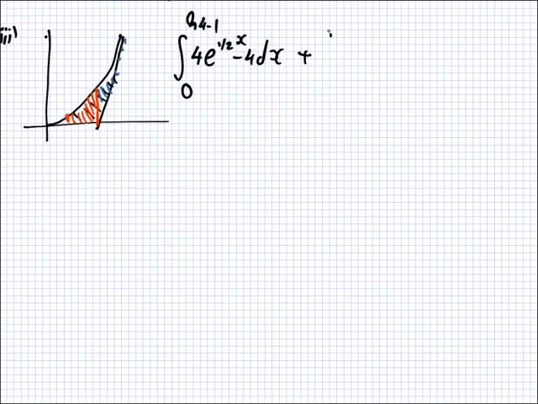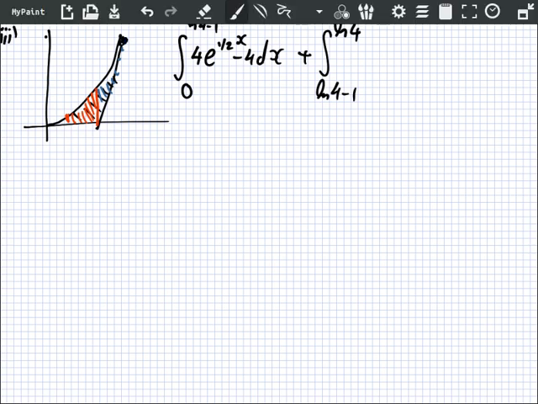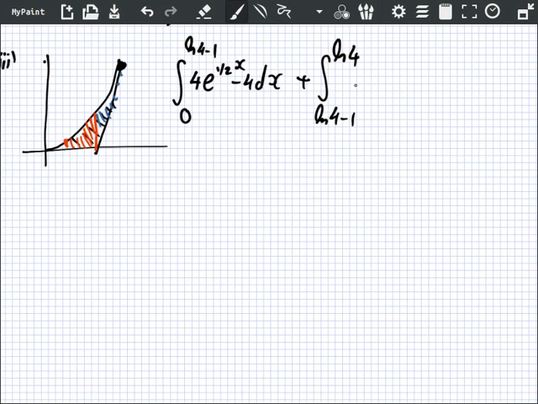The second integration is from log 4 minus 1 to where? Come on, what's the upper limit here? What number? Log 4. That's log 4. Now what do I put inside this?